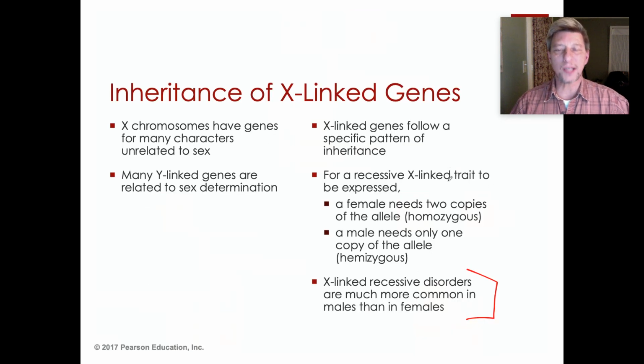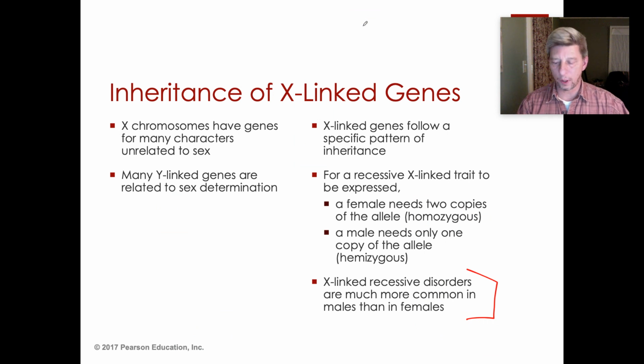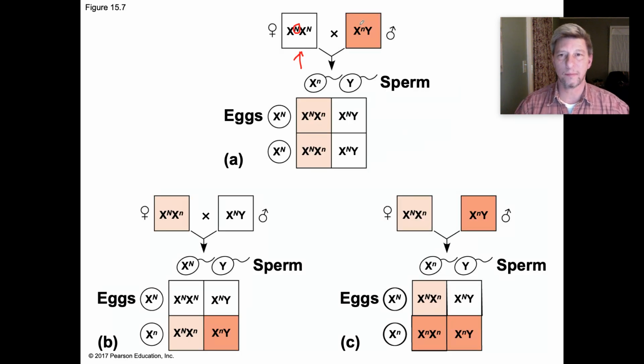So let's say that we have a homozygous female with the dominant allele, notice the big N here, and what we call a hemizygous male. Hemizygous because it can't be homozygous or heterozygous, because it doesn't have 2 copies of this chromosome.